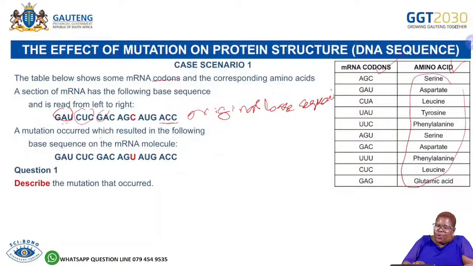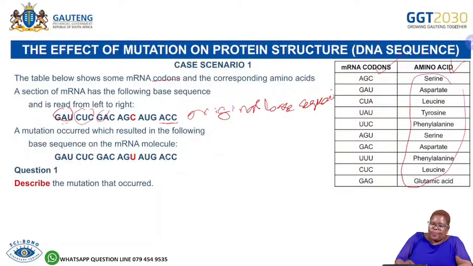A mutation occurred which resulted in the following base sequence on the mRNA molecule. You are told that after mutation, this is what you're going to get. Then, for you to score those marks, remember when I started, you need to set your targets, right? So you deserve every mark.